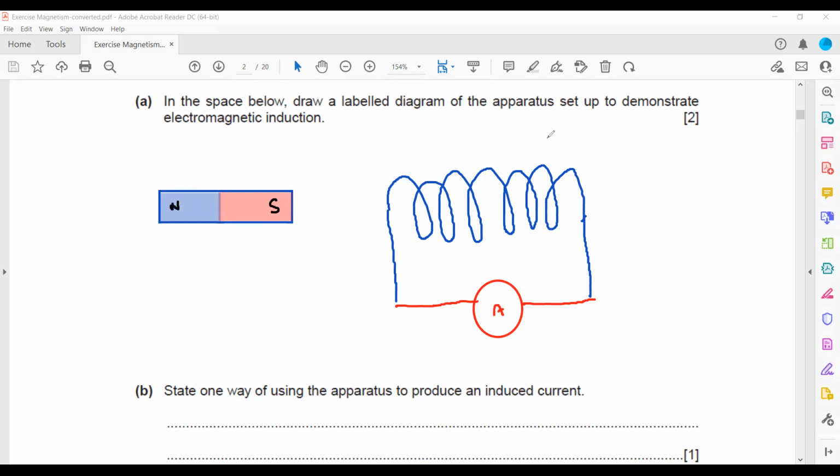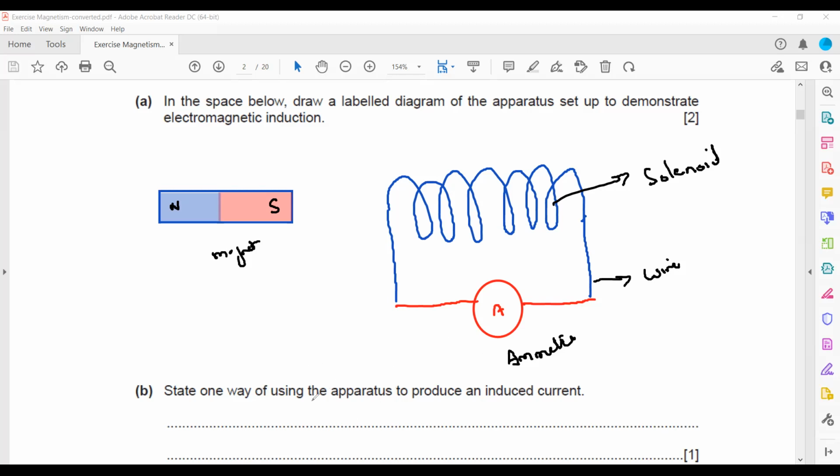Now we have to label it, so we mention that this circular wire is called a solenoid. This is an ammeter. Here is a magnet, and these are the connecting wires.